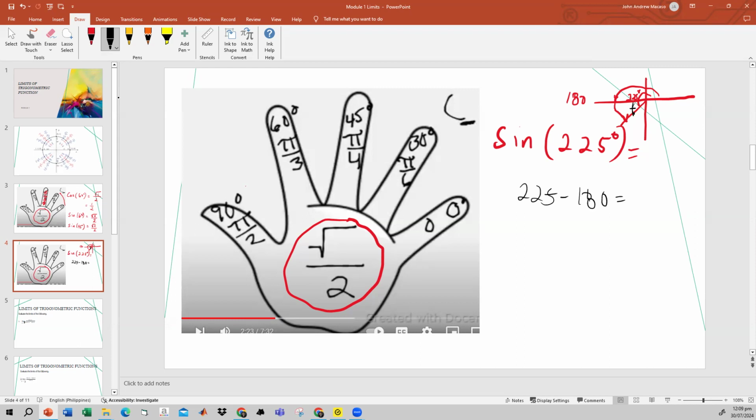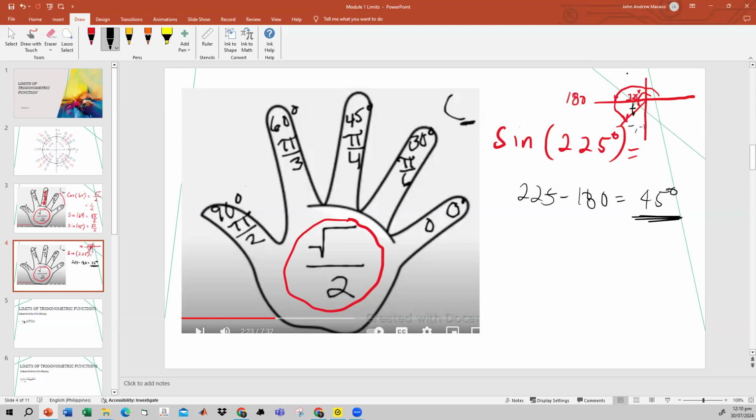So this is equal to what? That's equal to 45 degrees. So in that case now, we'll just need to get the sine of 45 degrees. But again, we need to consider the sign of the angle. So what is the sign of the coordinates in the third quadrant? Of course, that's negative and negative. But we're looking for sine, so the y coordinate will be negative, right?